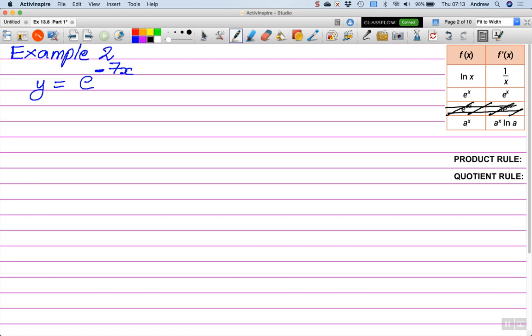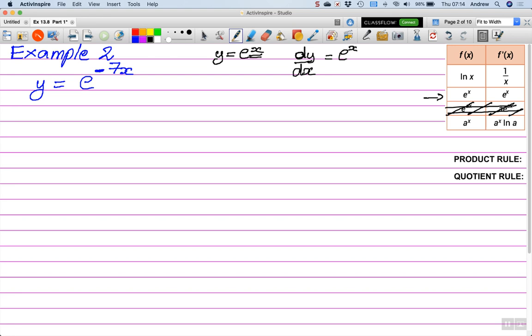And I'm going to look at purely using this formula. And what it actually says is the first function y is equal to e to the x. And when we differentiate it, dy dx is also equal to e to the x.